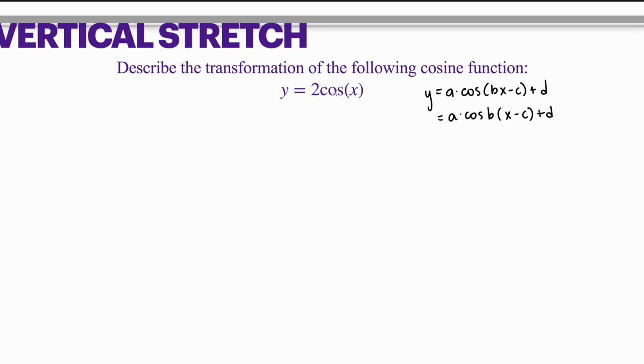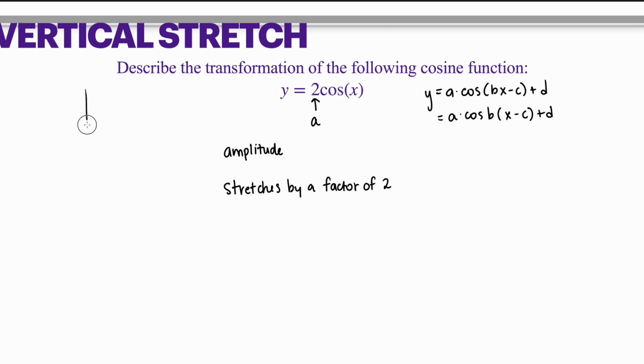So in this case, there is the b, c, and d, there is no numbers, and so nothing happens. The only number is a, which is the amplitude, which means we would say that this graph stretches by a factor of 2.